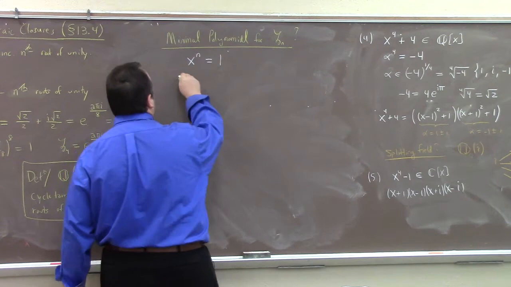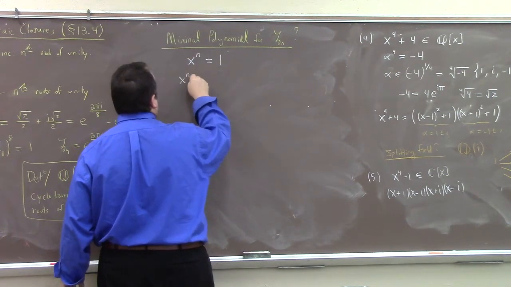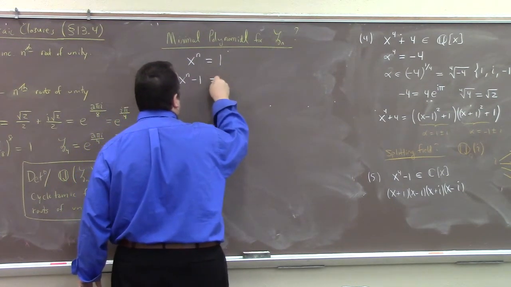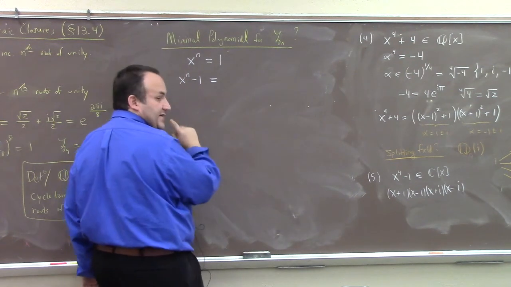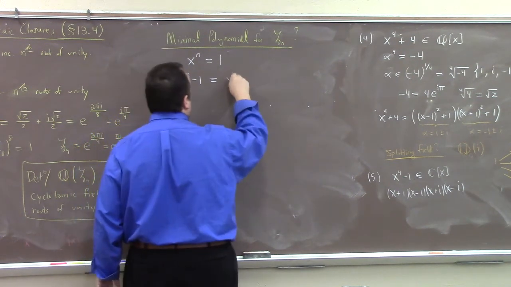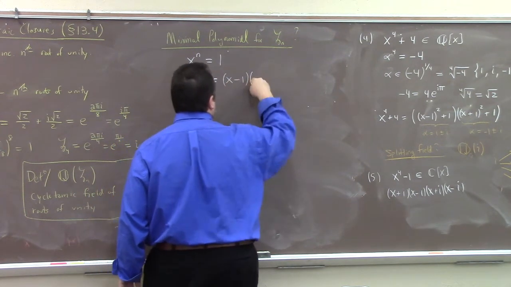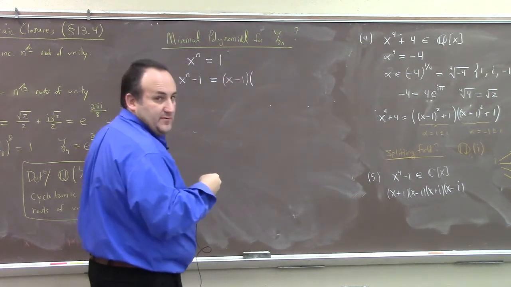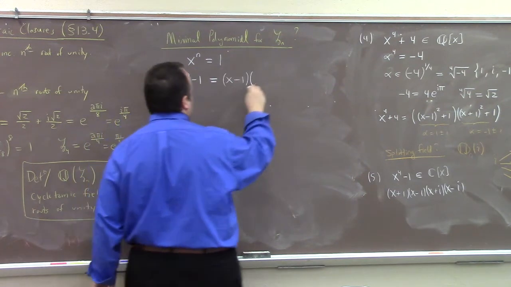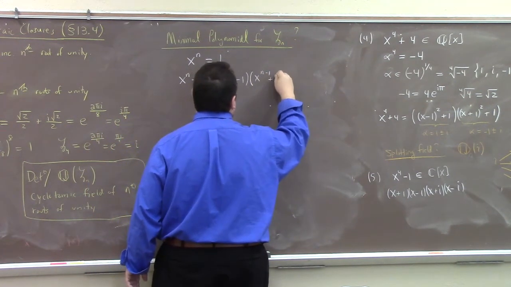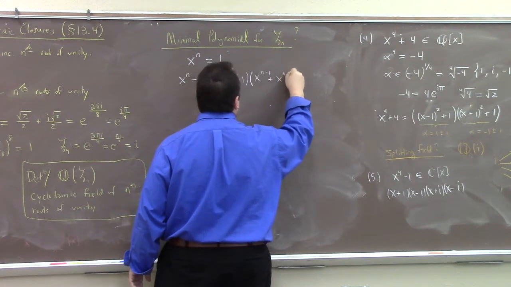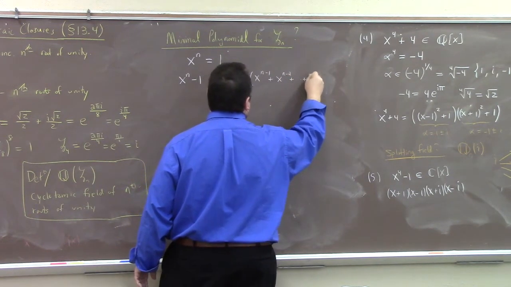In other words, if we look at x to the n minus 1, we know that it has this as a 0. But we also know that this factors. Maybe we didn't know that, but let's know it now. So what's this? x to the n minus 1 plus x to the n minus 2 plus dot dot dot plus x plus 1, right?